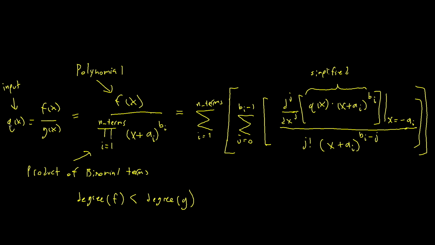Basically, you take your input function, and that's just the ratio of the polynomial over a product of binomial terms. Make sure the degree of the numerator is less than the denominator. And then that becomes the full expanded form. For each of these terms, it turns into its own sum, where it decreases in power, like we saw in the last problem.